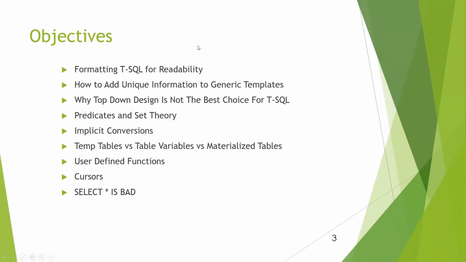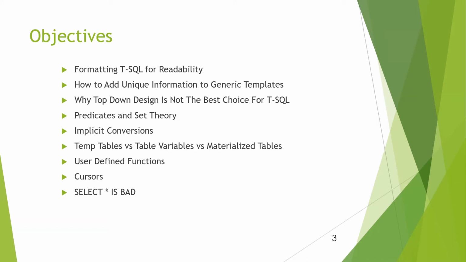So today we're going to have various objectives. We're going to start with some basic stuff about how formatting your SQL and being consistent across your team can help you troubleshoot faster. And then we're going to get into the nitty-gritty, everything from some small gotchas to how different forms of holding your data in table items like temp tables, table variables, and materialized tables can affect the performance of your SQL.